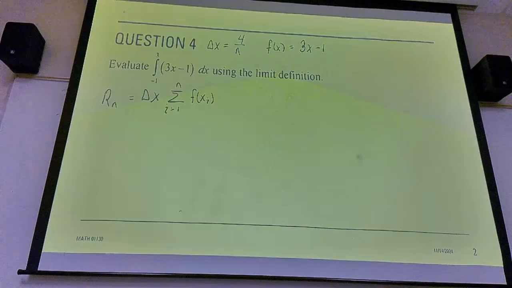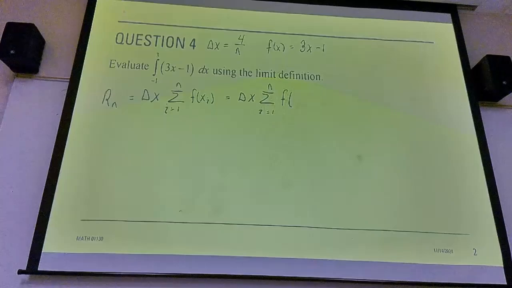We need a formula for it. Well, the right endpoint of the first interval would be a, your starting point, plus delta x, wouldn't it?